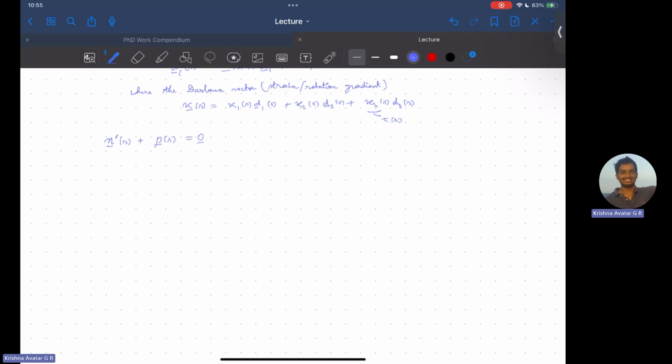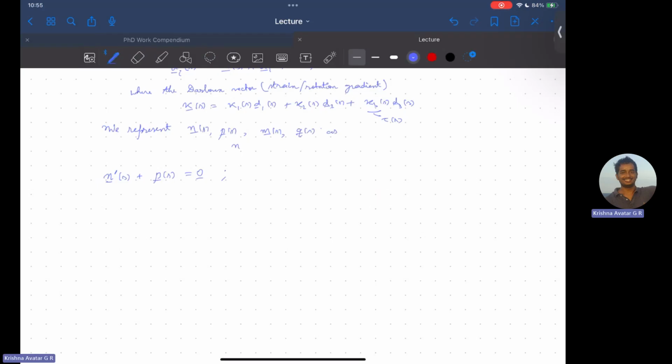So let's represent the n vector of s, p vector of s, m vector of s, and q of s.